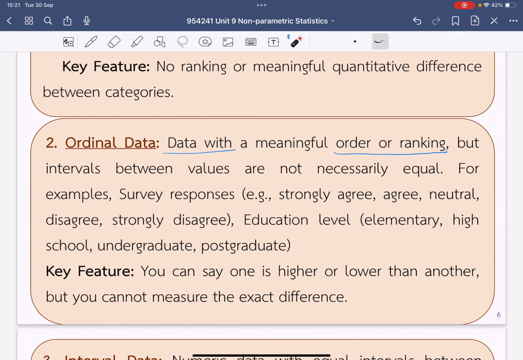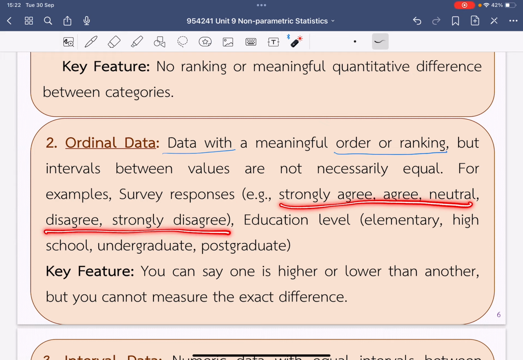For example, the survey responses. We give out a survey, and the scale is like strongly agree, neutral, or disagree. They don't have to be numbers, but here you can rank them, right? Strongly disagree might be on the right side and strongly agree on the left side, and you can order them.